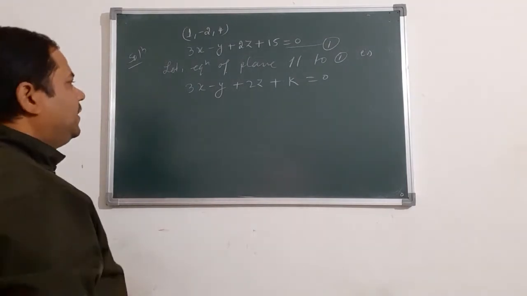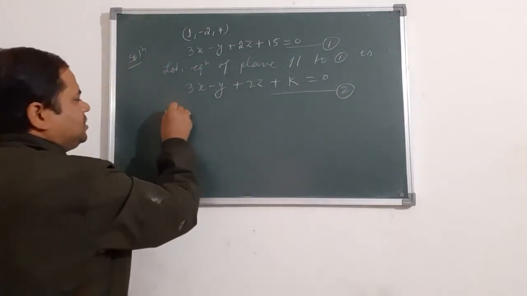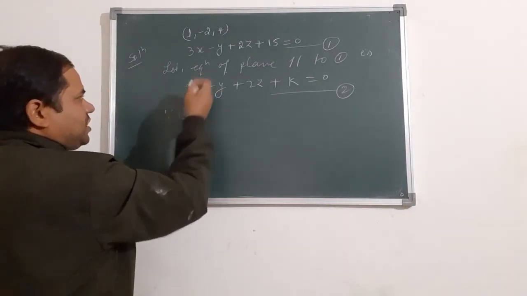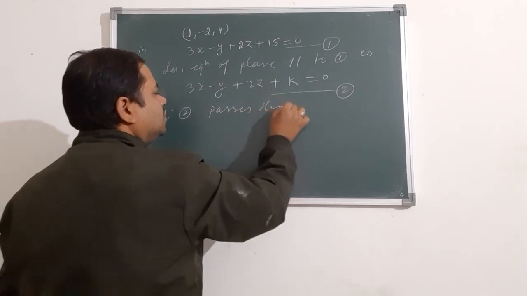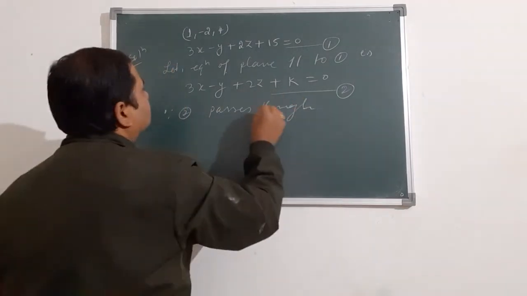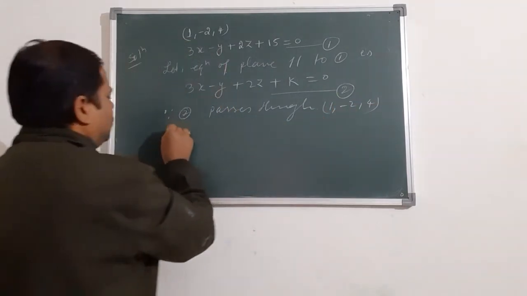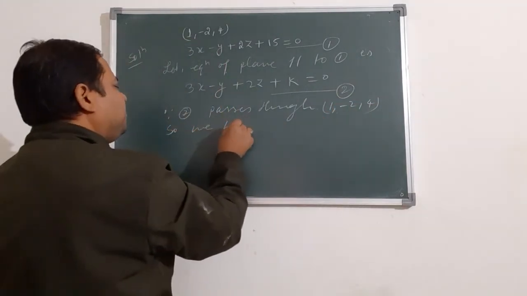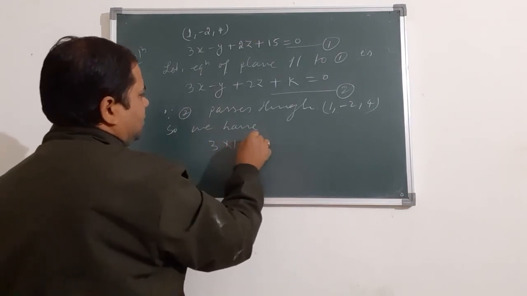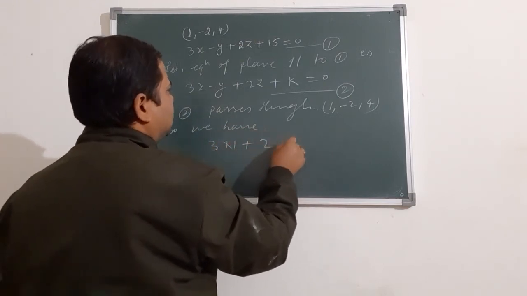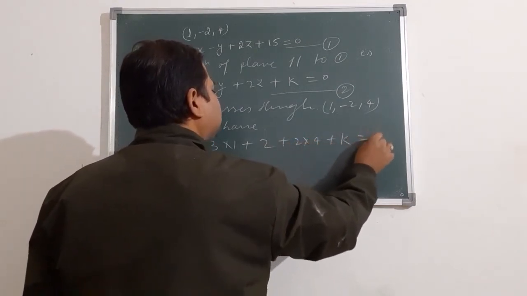Okay, now since this equation 2, that is the required plane, passes through (1, minus 2, 4), we have 3 into 1 minus of minus 2 plus 2 into 4 plus k is equal to 0.